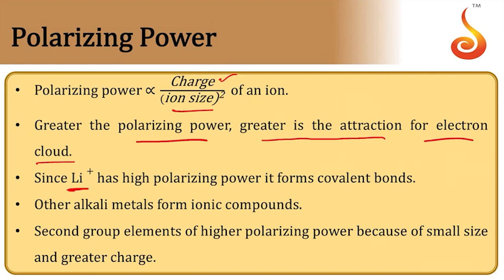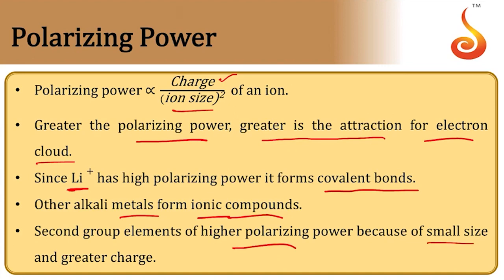So Li plus has more polarizing power, and therefore it mainly forms covalent compounds. Because of the higher polarizing power of lithium, its compounds are covalent in nature. Other alkali metals form ionic compounds. So only lithium compounds have covalent character, whereas other alkali metals have only ionic properties.